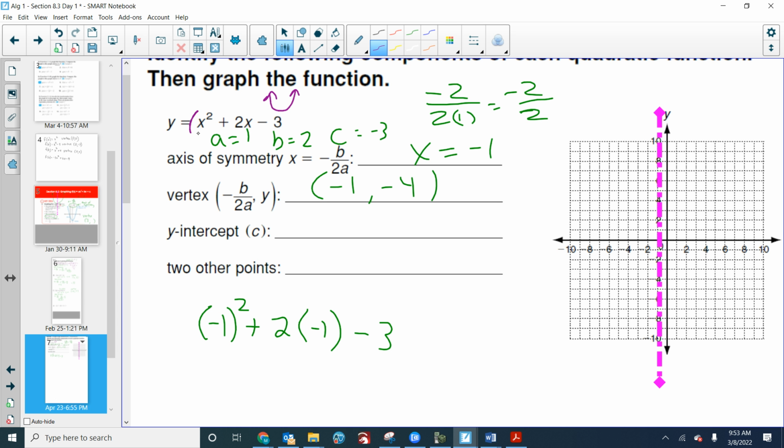Because of this right here, draw a little smiley face there so you know your problem opens up. Okay, we got our line of symmetry. What's my vertex? -1, -4. Guys, put a dot where your vertex is.